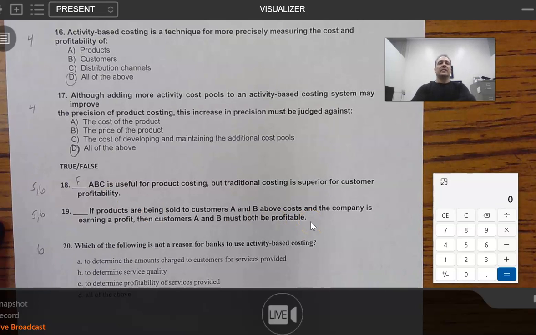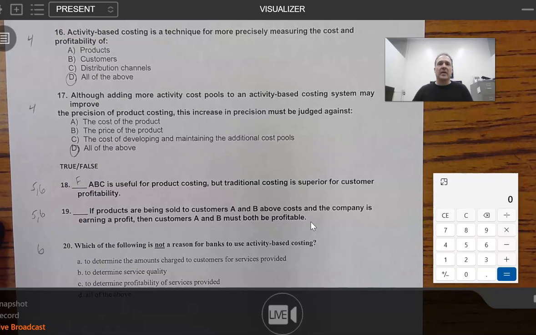Okay. Question number 19 says, if products are being sold to customers A and B above cost, and the company is earning a profit, then customers A and B must both be profitable. So what we're saying here is we've got two customers, and we have our revenues and our expenses for those customers, and at the end of it all, we made a profit.